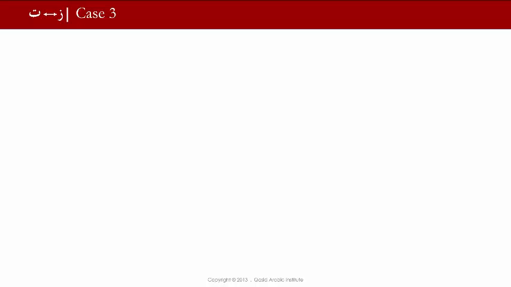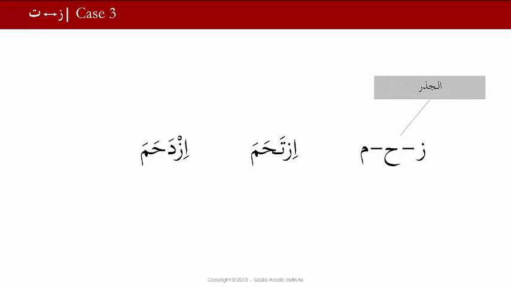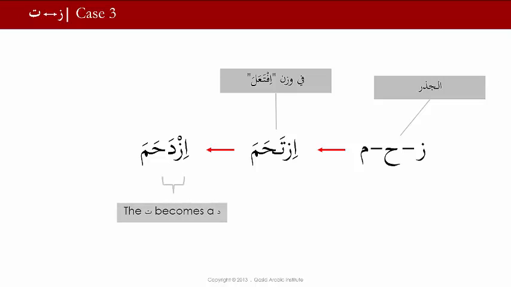In the third case, we have the za conflicting with the ta. So the root here, za, ha, mim, we get iztahama, and the pattern is ifta'ala. And here, the ta, in fact, changes to a dal. So we get izdahama.